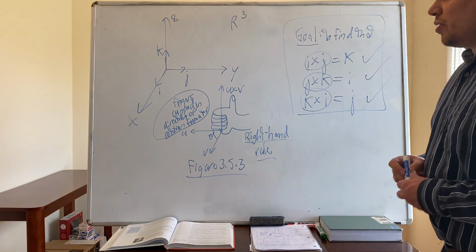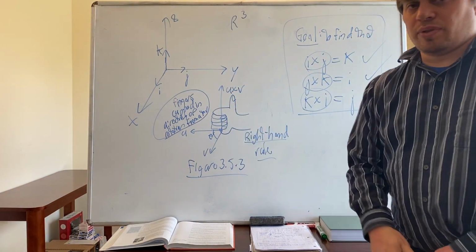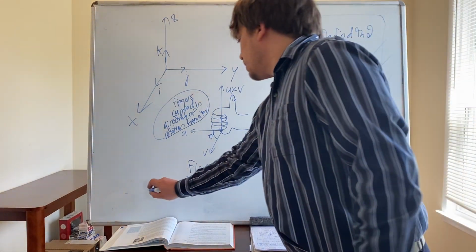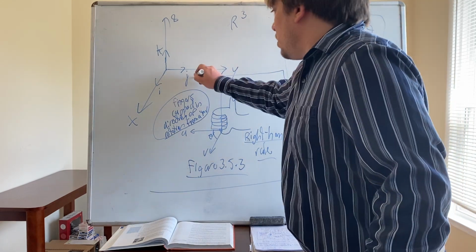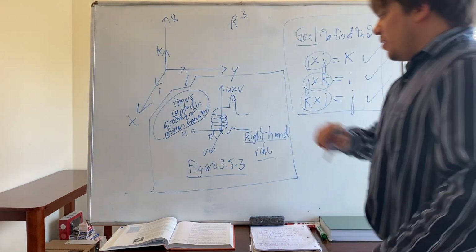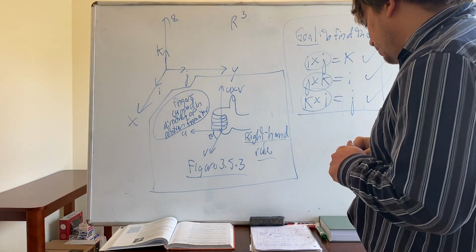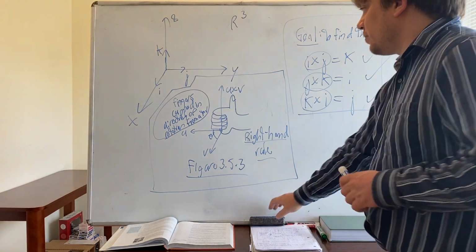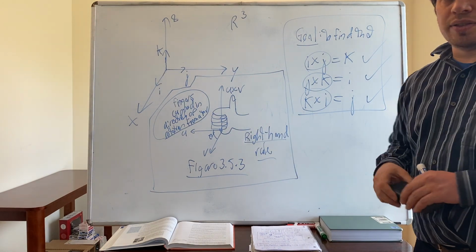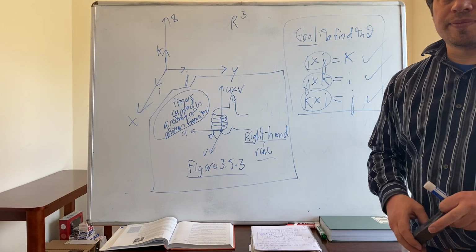Okay, so the fingers are cupped in the direction from u to v, the thumb's pointing in the direction of u cross v. Right hand. Okay, you may want to pause the video to write down figure 3.5.3. So I recommend you writing it down rather than just looking at it here in the book.